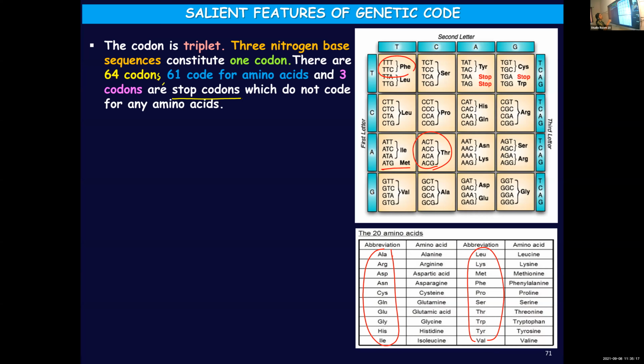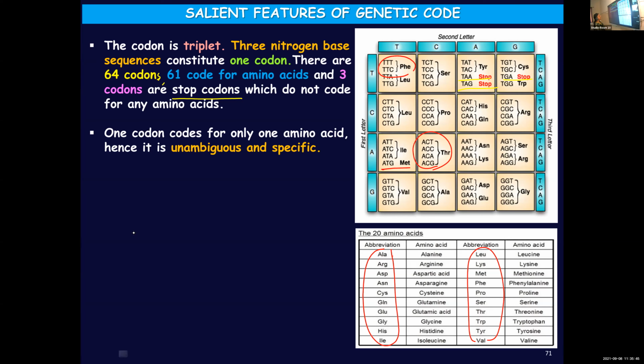You should know which are the stop codons. You don't have to learn all the genetic codons, but some of them you will have to learn. For example, you should know the stop codons and the start codon sequence. Here I have underlined the 3 stop codons.